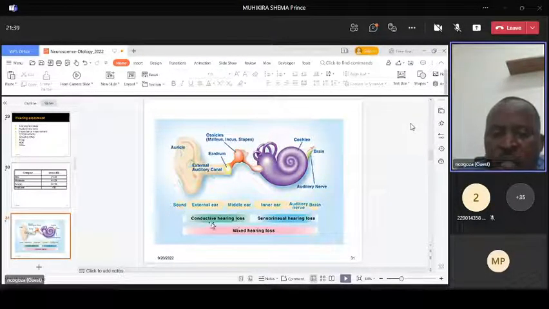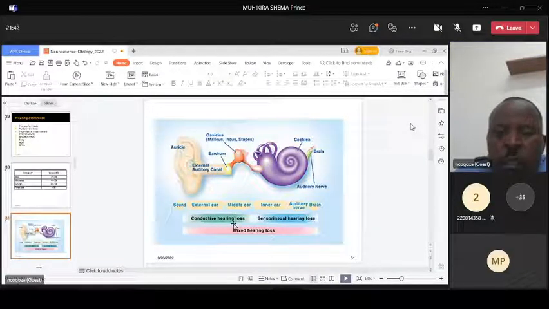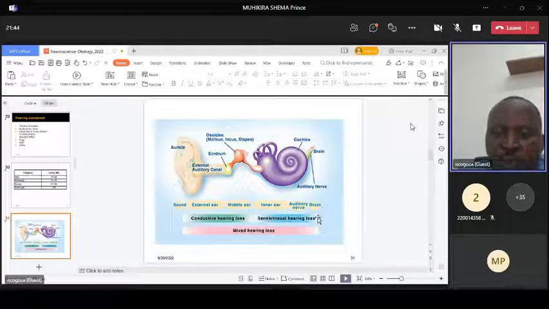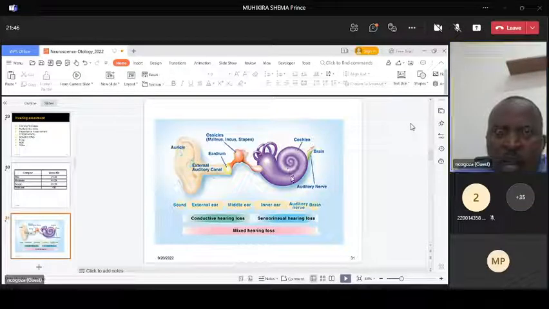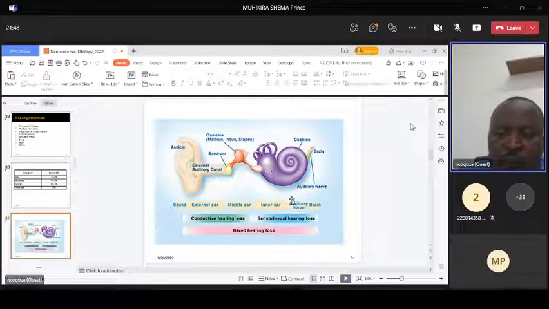A hearing loss may be conductive. A hearing loss may be sensorineural, meaning the inner ear, the cochlea, the nerve.